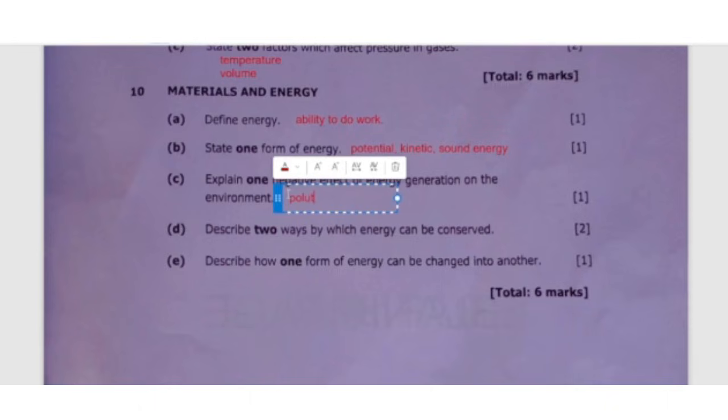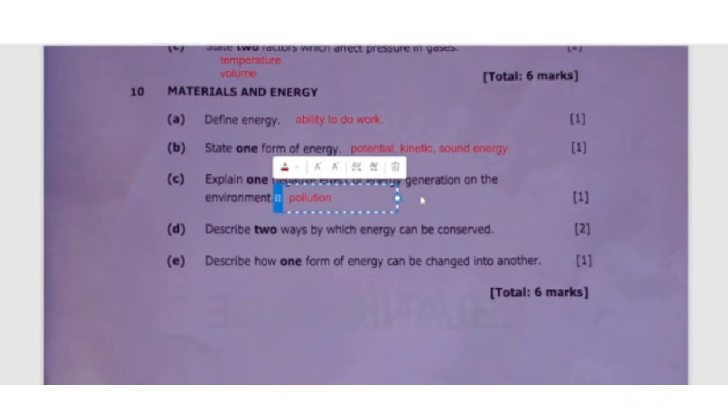This pollution can be land pollution or air pollution, but definitely trying to generate energy we end up causing pollution.